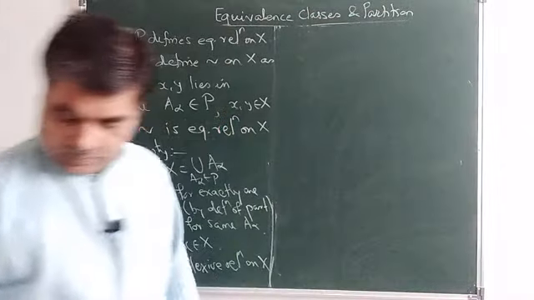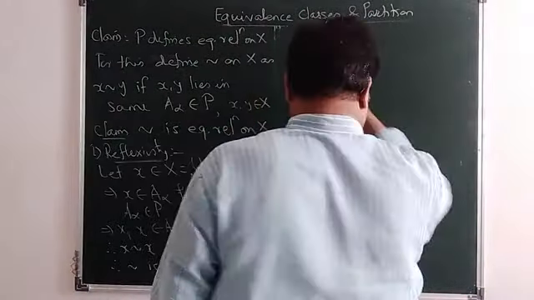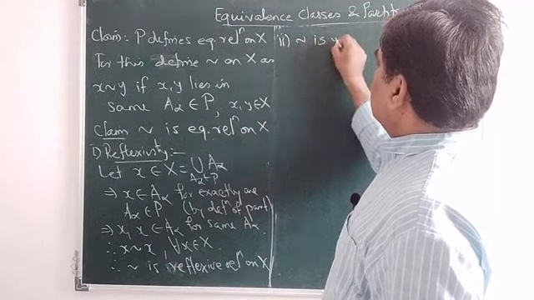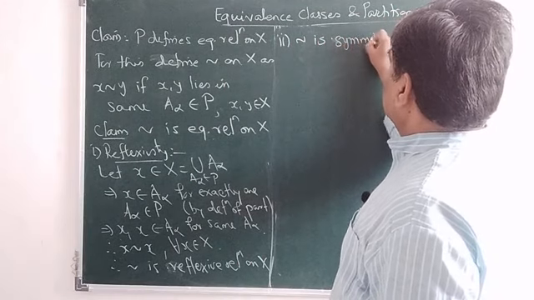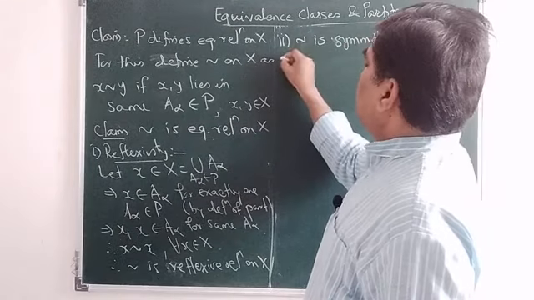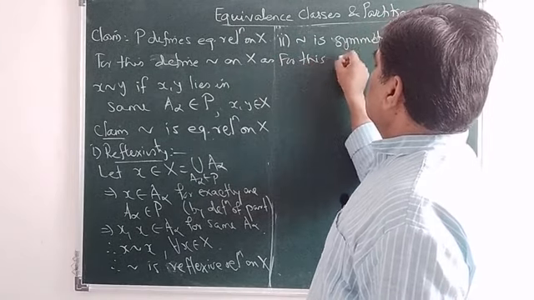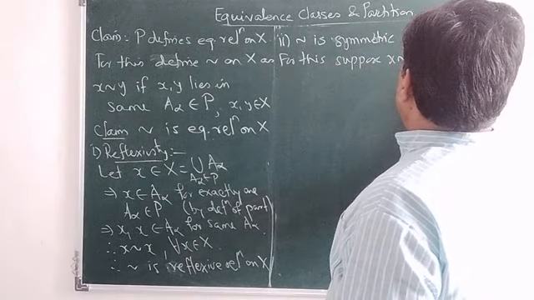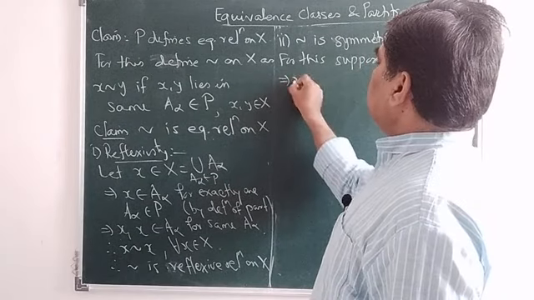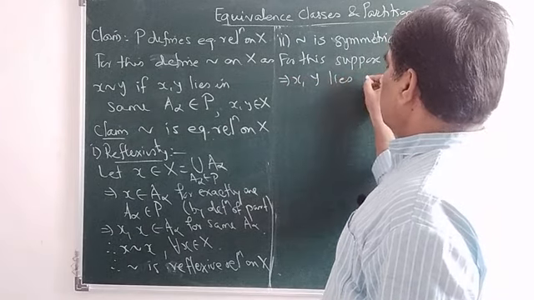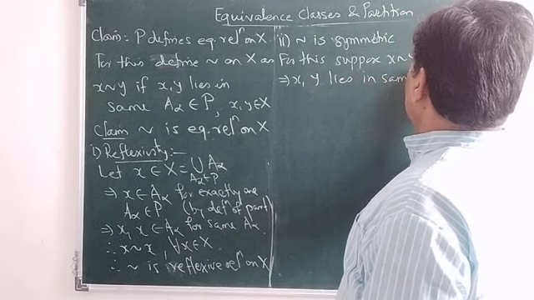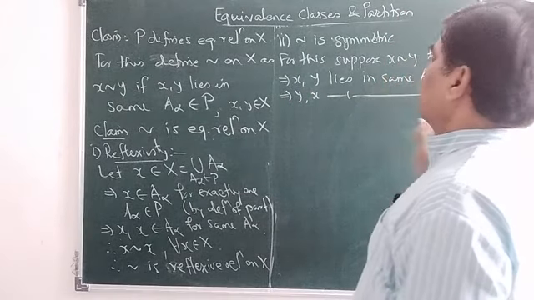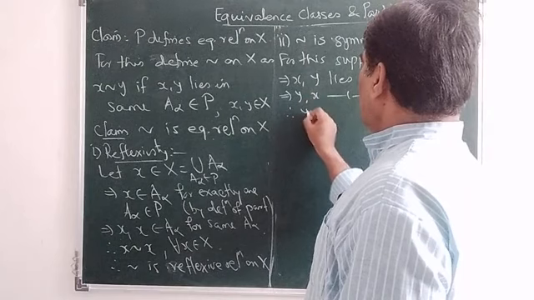it is symmetric. Second, what is our aim? Tilde is symmetric. So for this, suppose x is related to y, for x, y belonging to X. This implies x, y lie in the same A alpha belonging to P, which implies y, x lie in the same A alpha belonging to P. Therefore, y is related to x.